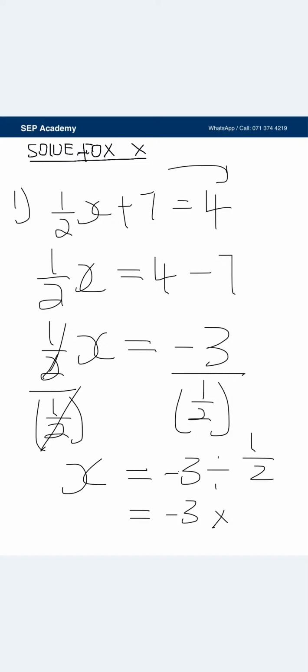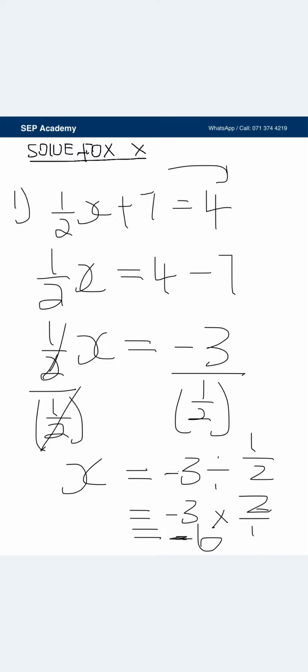So you change that division sign. As you change it, the 2 goes to the top, and then you say over 1. So now it clearly looks like you are going to have a negative 6 because you end up having that negative 3 multiplying that 2, which ends up being negative 6.